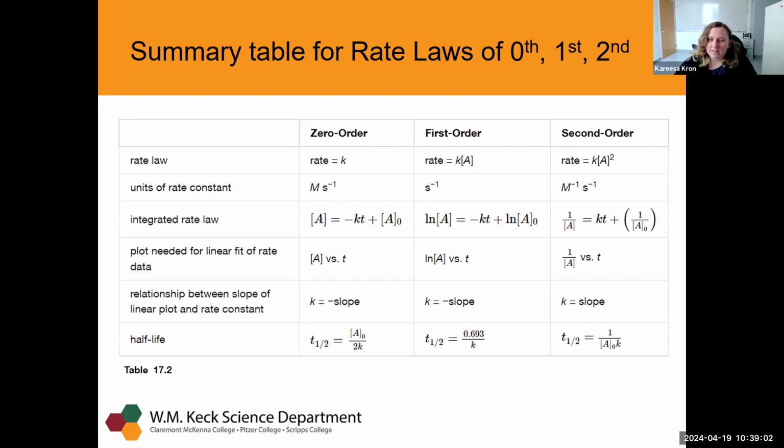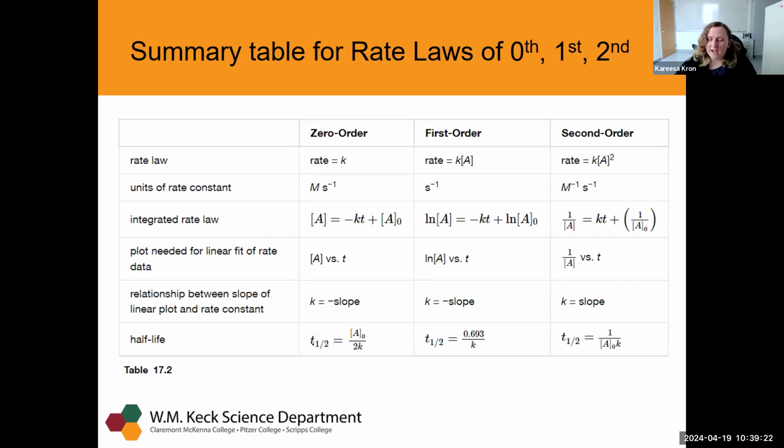And we use that to determine an integrated rate law. And that helps us see what sort of plot we could use to get a linear fit and extract rate data from. And the slopes of those plots are related to the rate constant slightly differently because the functional forms of each equation are slightly different.